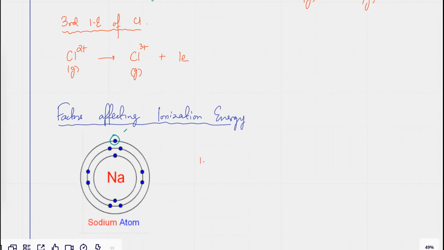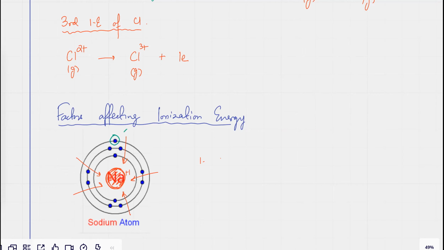I mean, the first thing is the nucleus has protons, right? This nucleus over here is positively charged because it's got protons. So if you have more protons, the electrons would be more strongly attracted to it, right? So that's one factor. Is this factor clear?